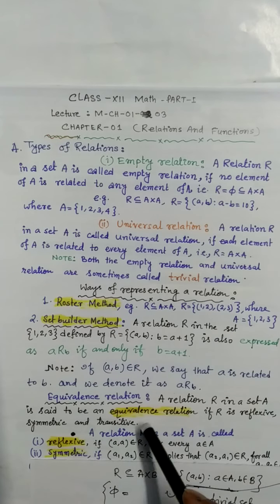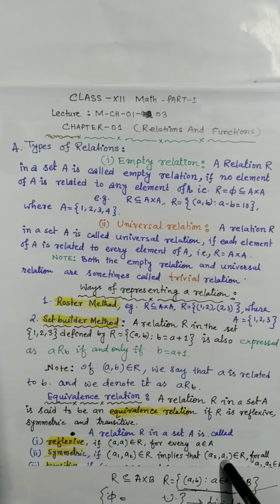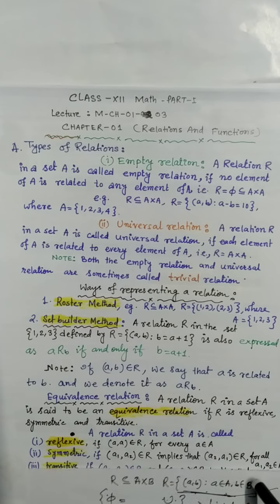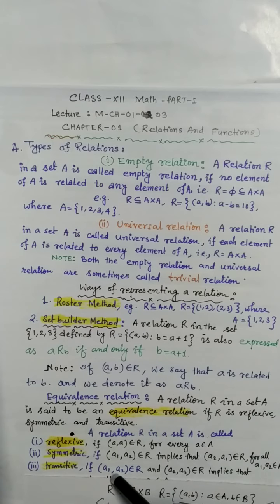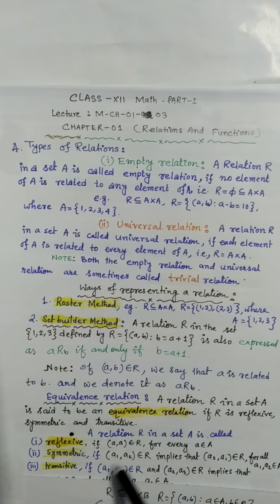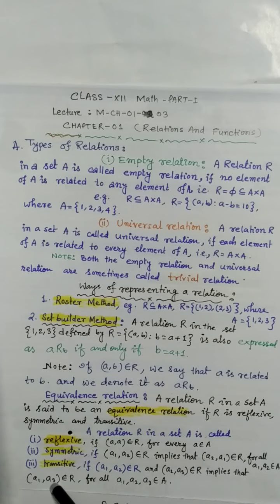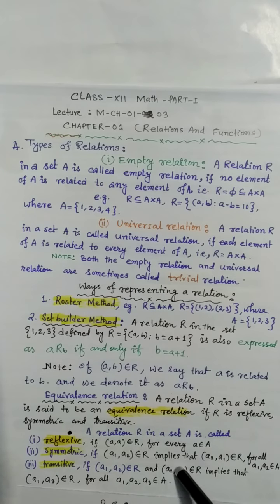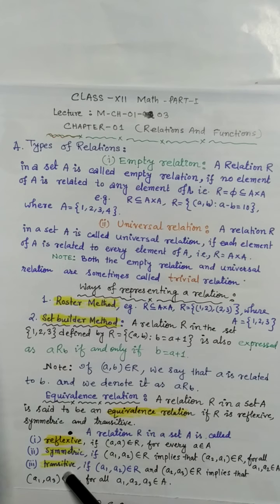And it is called relation R is called symmetric if (a1, a2) belongs to R implies that (a2, a1) belongs to R for all a1, a2 belonging to A. And the relation R is called transitive if (a1, a2) belongs to R and (a2, a3) belongs to R. If these two exist in the set and at the same time this element also exists, (a1, a3), the first element of the first pair and second element of the second pair, if it is given in the set, then we will call it a transitive relation.